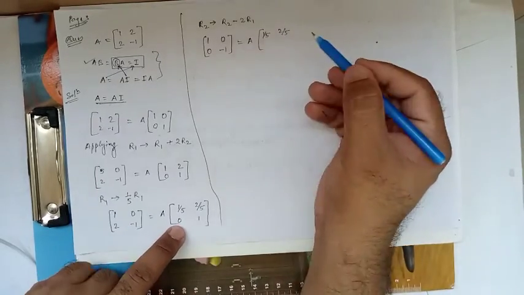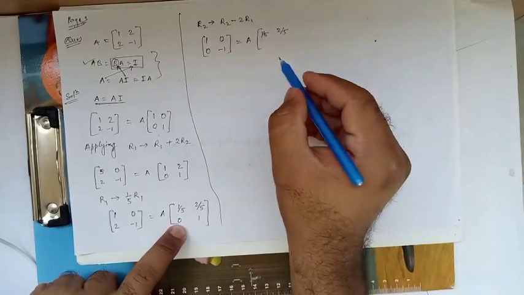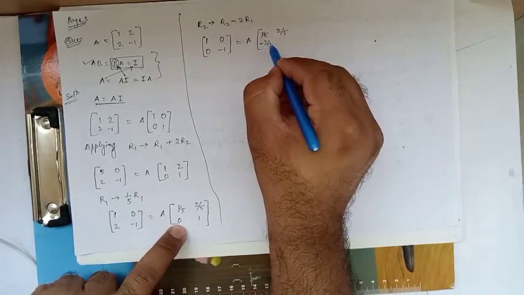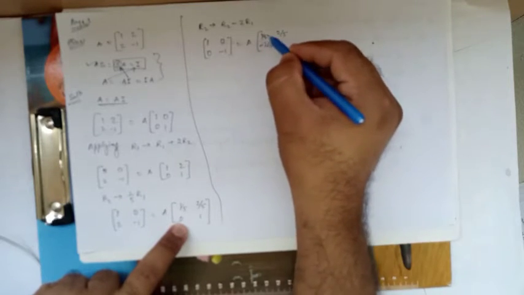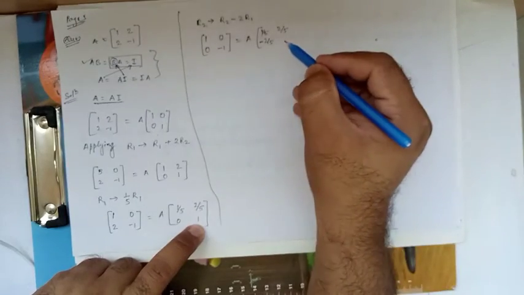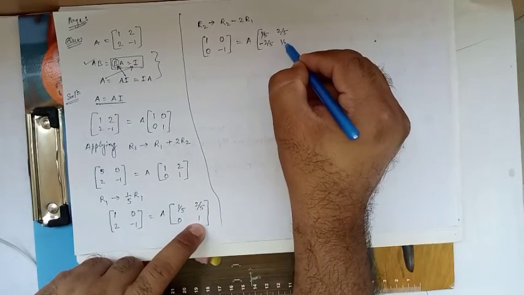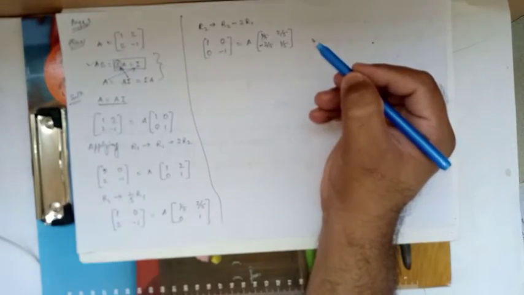Now it will change. This is R2, R2 minus twice R1. Twice R1 minus means 2 by 5. We are getting 1 by 5 is here. So into 2 it will get 2 by 5. Okay. So 1 minus 4 by 5 will give you 1 by 5. Okay.